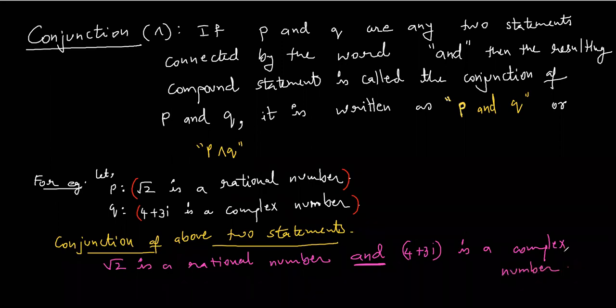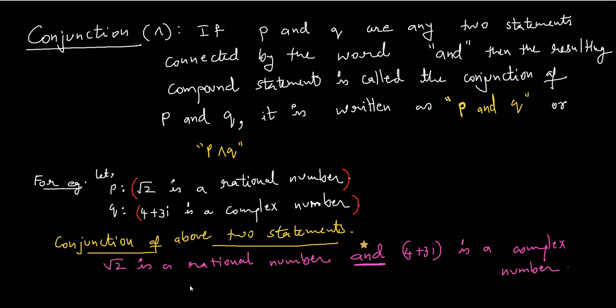Now you can check here, students, that I'm using the word and, and that is why I'm calling it the conjunction of these two statements. Instead of and, if I used another connective, then it would never be conjunction. It would be some other compound statement.